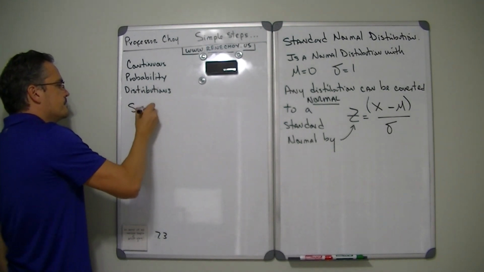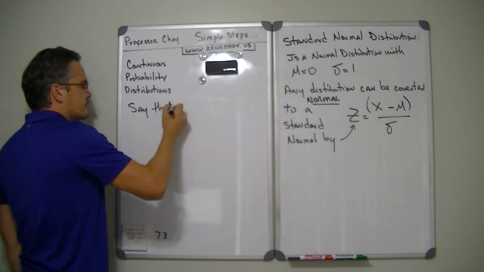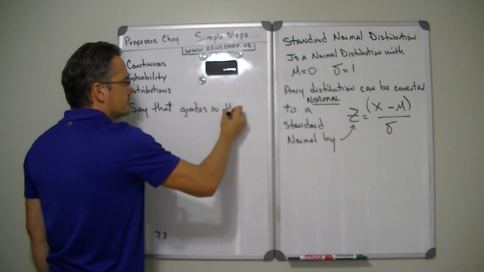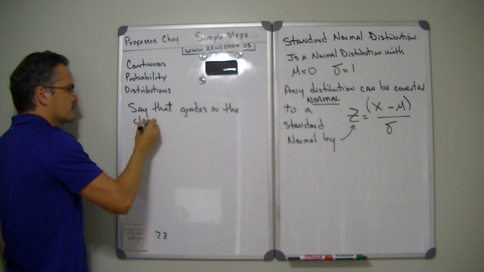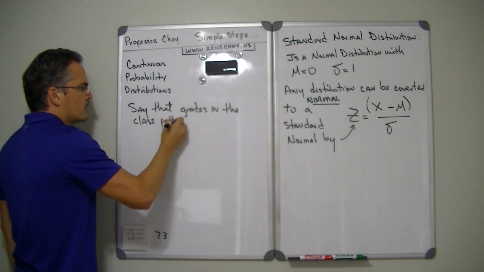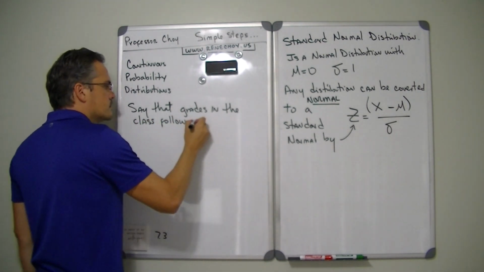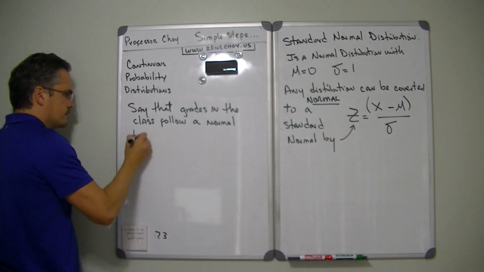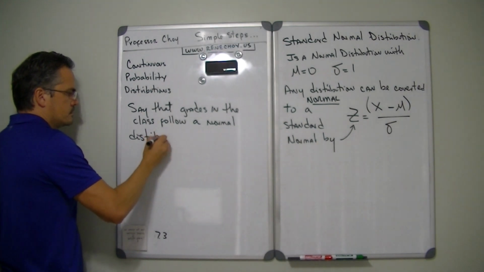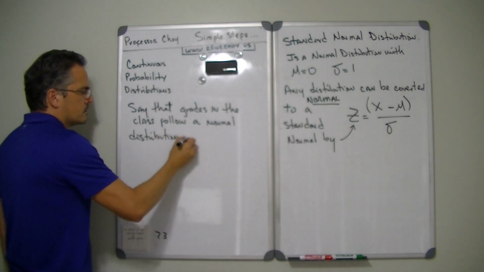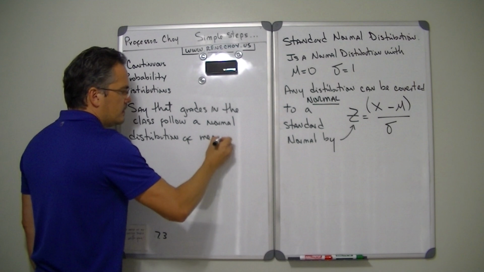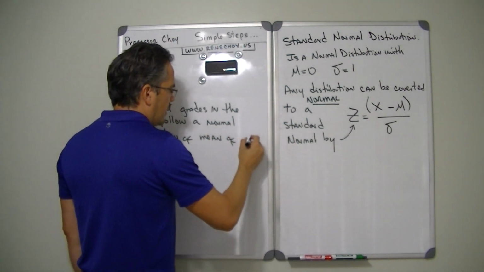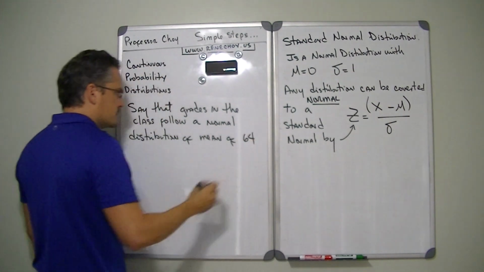Let's say that grades in a class follow a normal distribution, with mean of, let's call it 64.